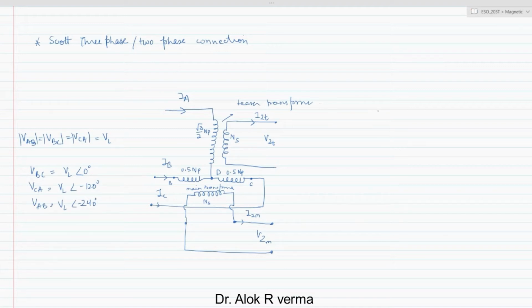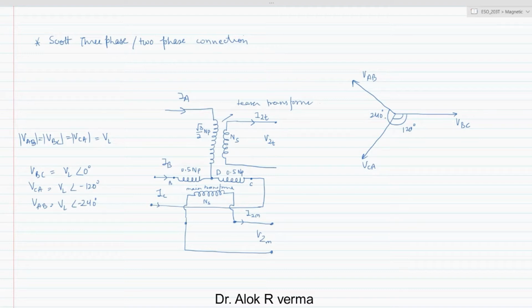So this is the phasor diagram. This is VBC, VCA, VAB, 120, 240.